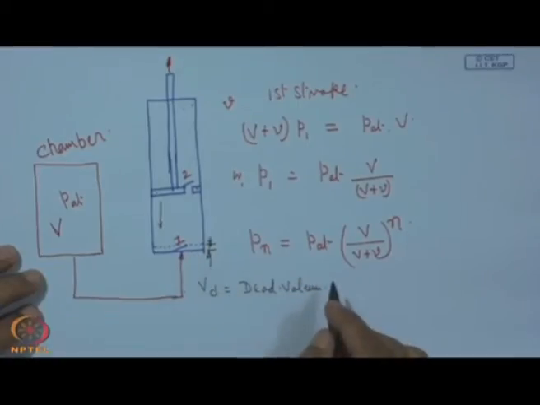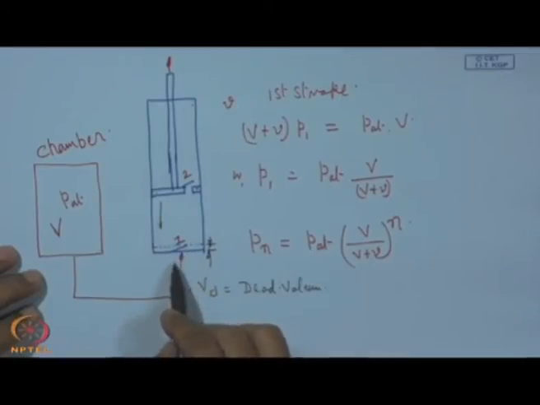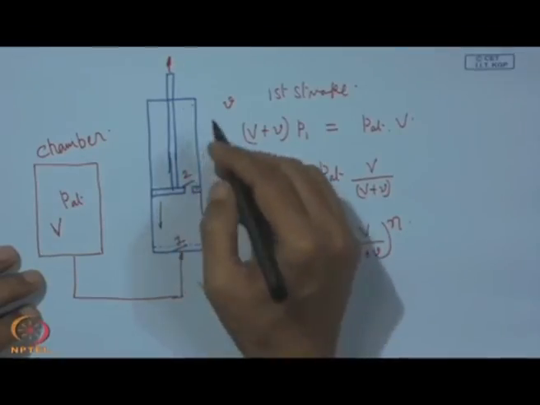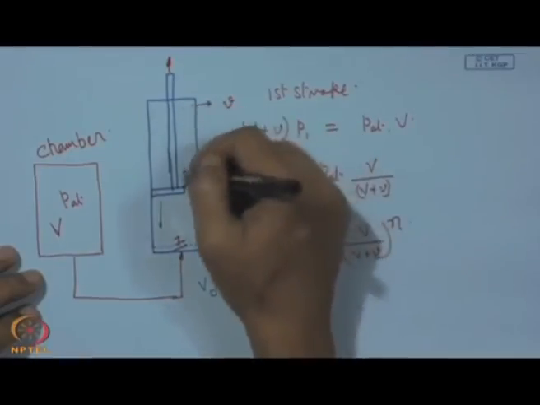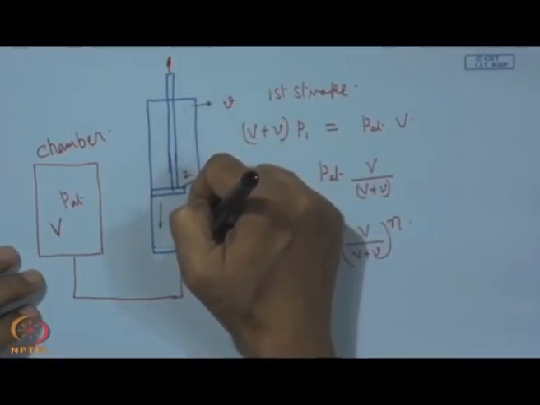So it can compress the gas up to a volume corresponding to Vd. The pressure after the squeezing will exceed the atmospheric pressure, and in that case valve 2 will open and there will be space for evacuation, because now the pressure is more than atmospheric.